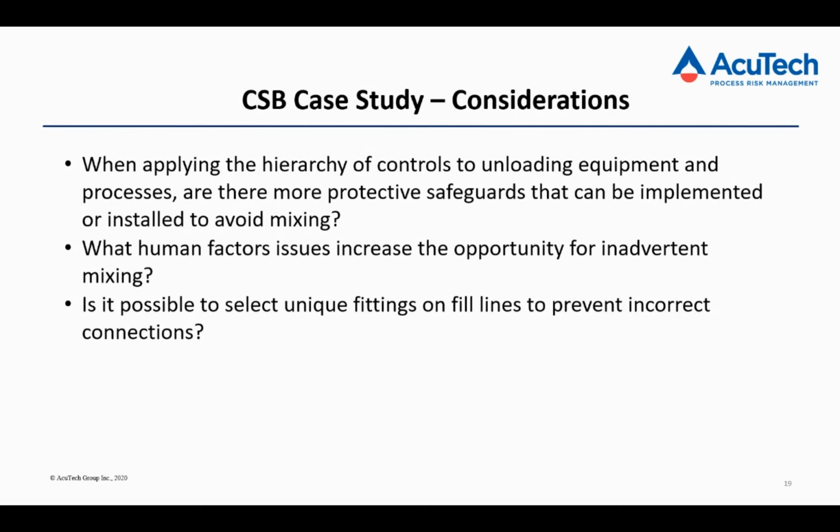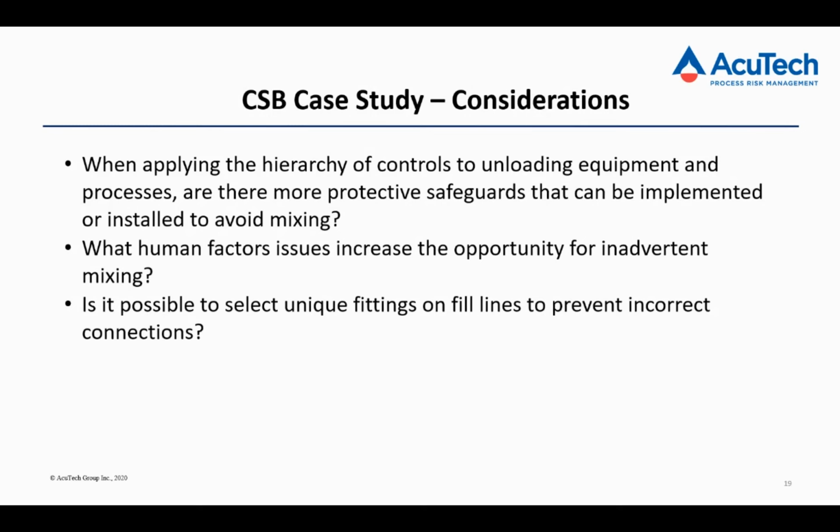There were no active controls, which would be maybe shutdown valves activated manually, or a shutdown valve activated from a distance from where the unloading is taking place, so the switch can be reached in the event of a spill, or maybe even in response to chlorine monitors closing a shutdown valve. And there was certainly no consideration of passive controls. Maybe they could have substituted a less harmful material or received less of the material.